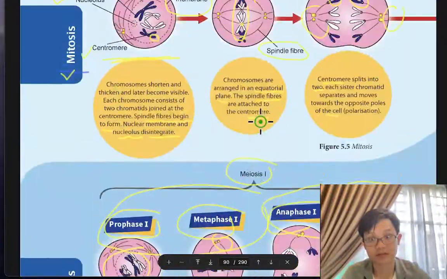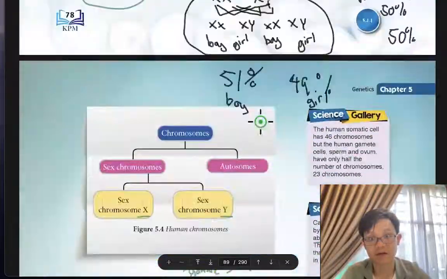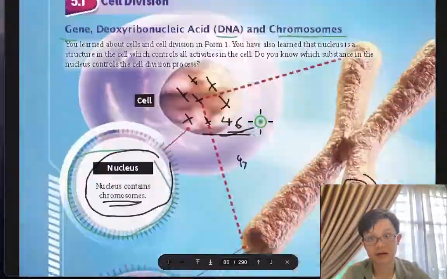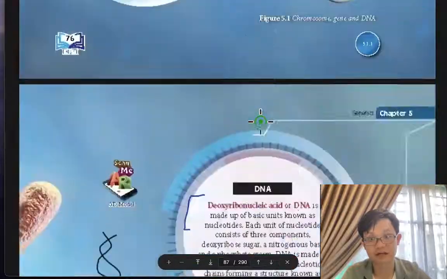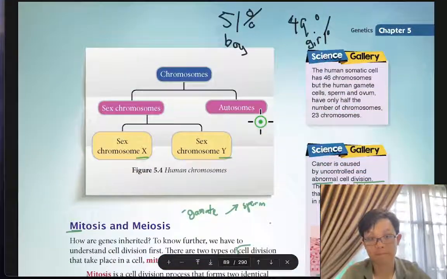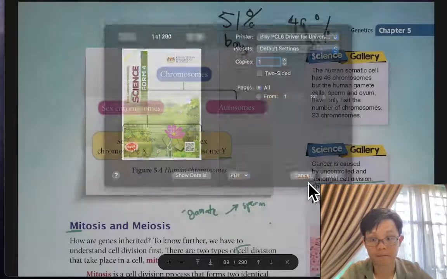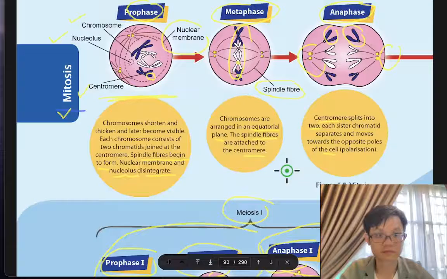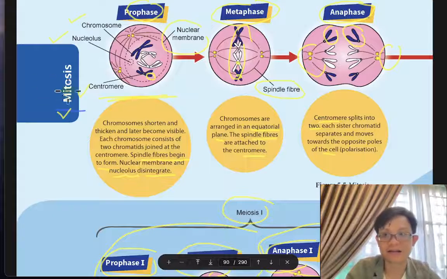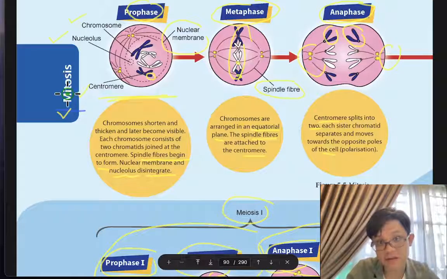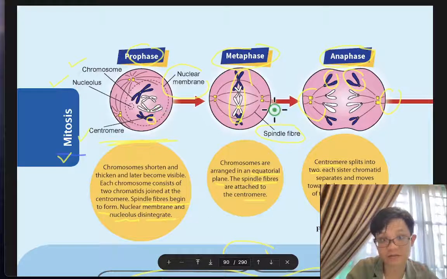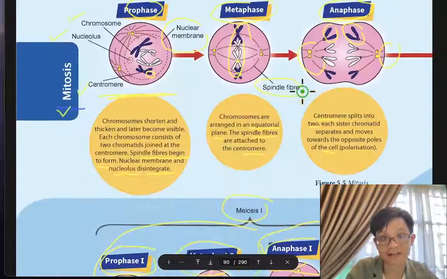Where's my mitosis? So you can try to find this is mitosis, meiosis. Oh, this is mitosis. Oh yeah, this is mitosis.